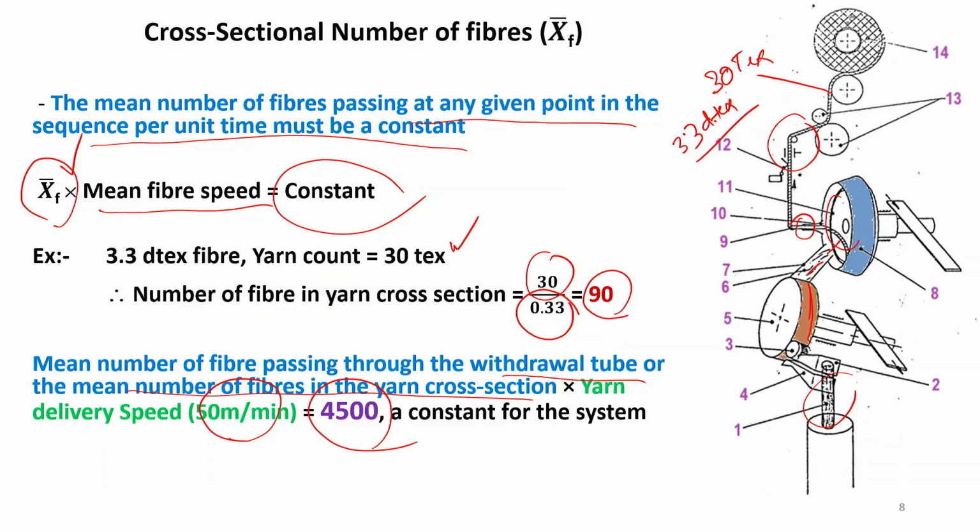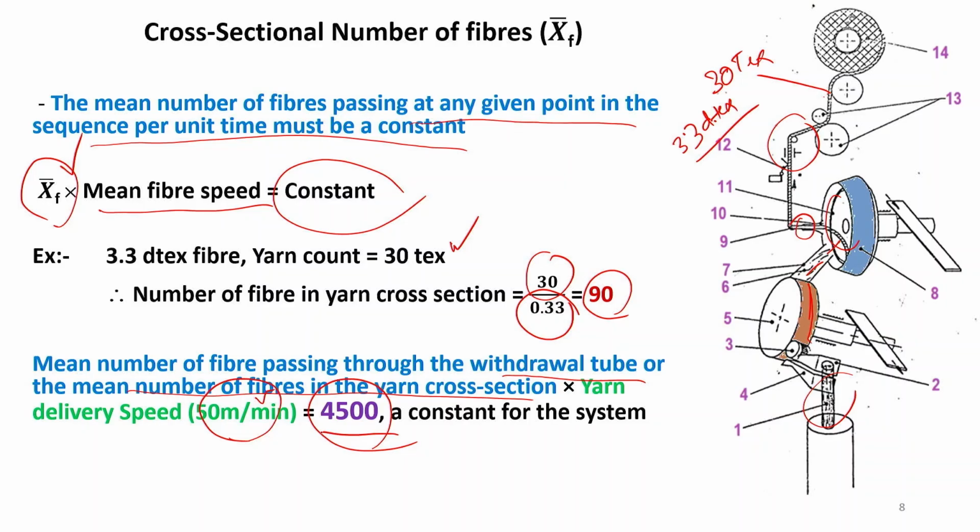The unit of speed we can have different units, but one thing we should remember: if we change from meter per minute to, say, centimeter per minute, this constant value will change.